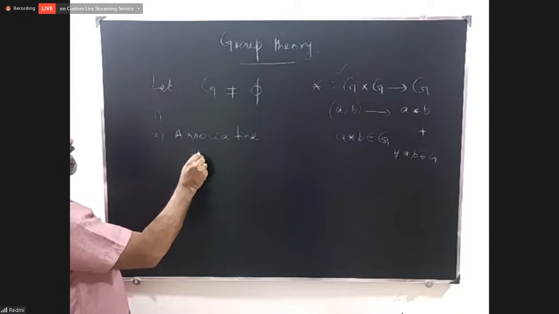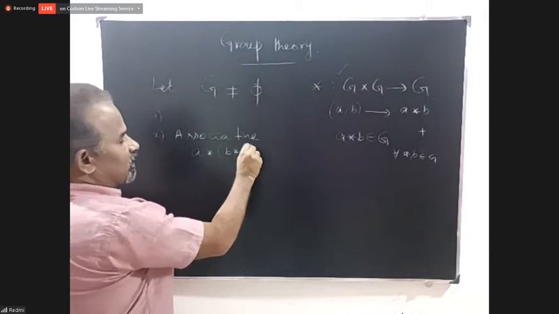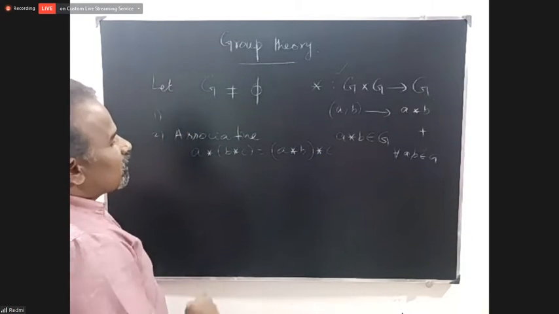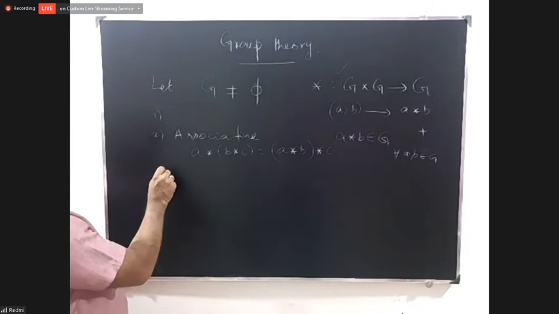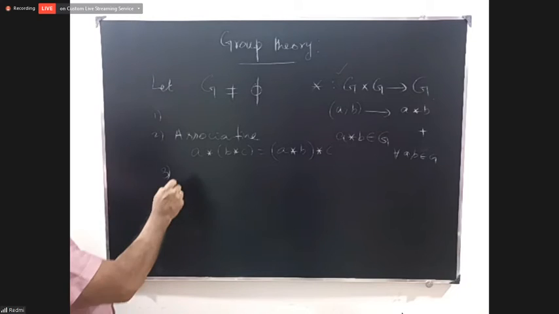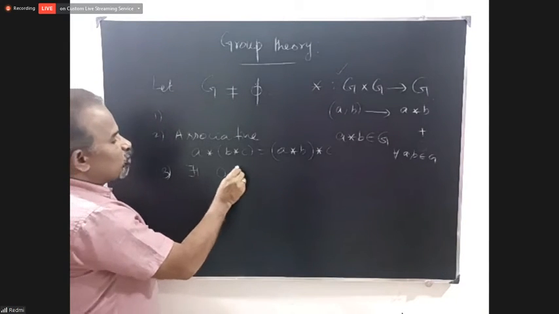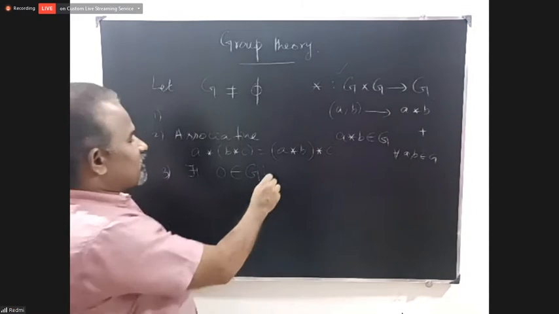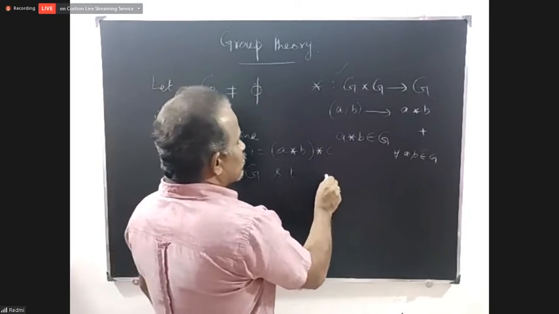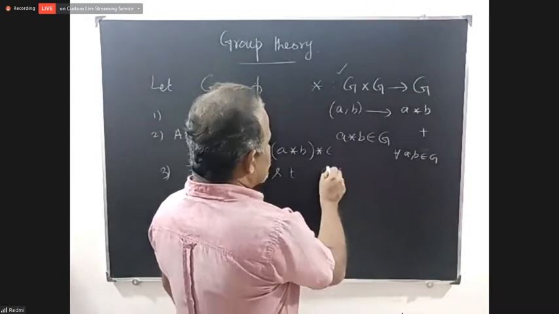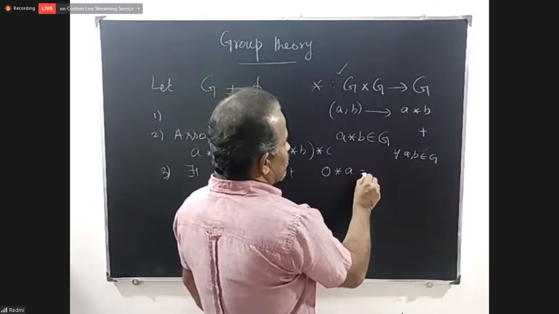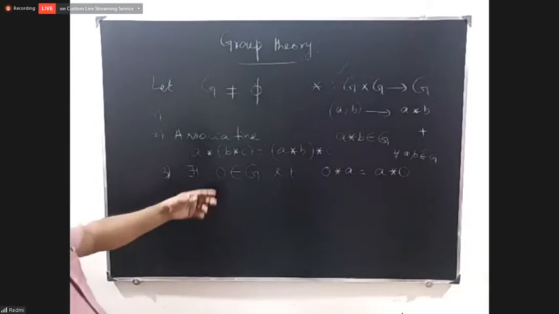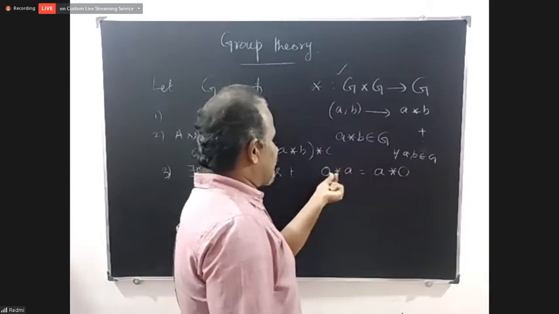The associative property says that (A star B) star C is equal to A star (B star C), for all A, B, C belonging to G. Number 3: there exists an element 0 in G such that 0 star A is equal to A star 0, which equals A. If the operation is plus, I can take 0.